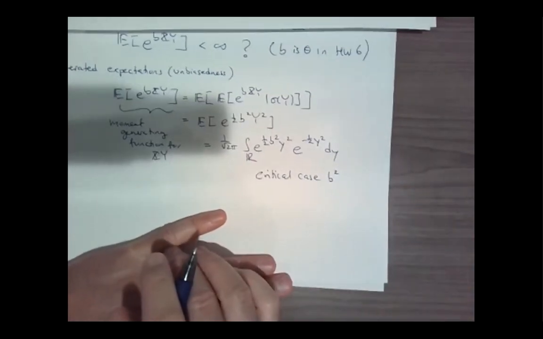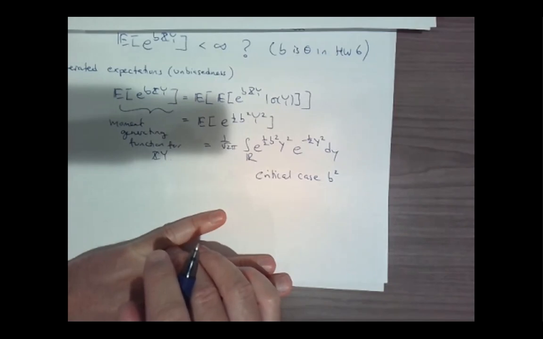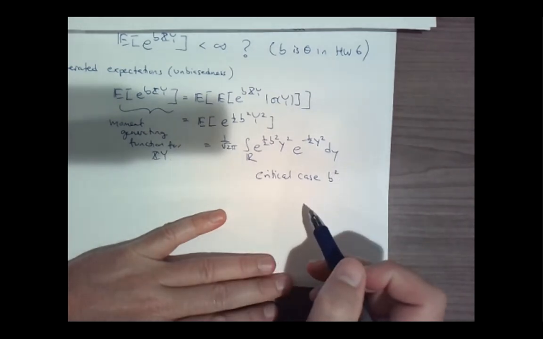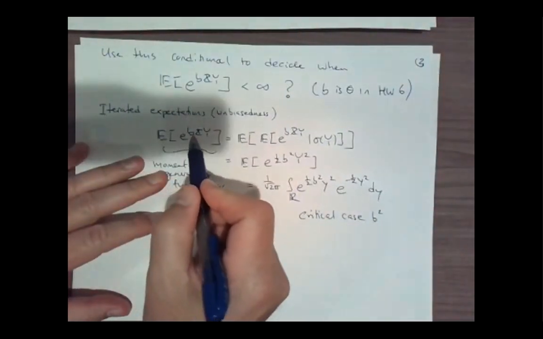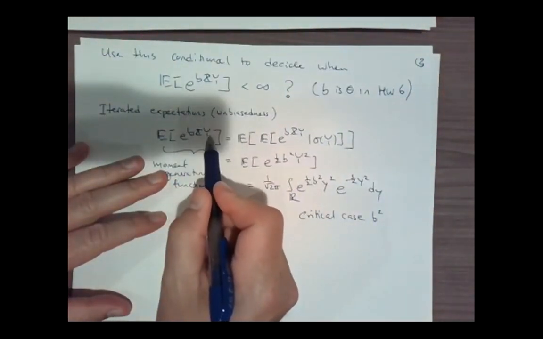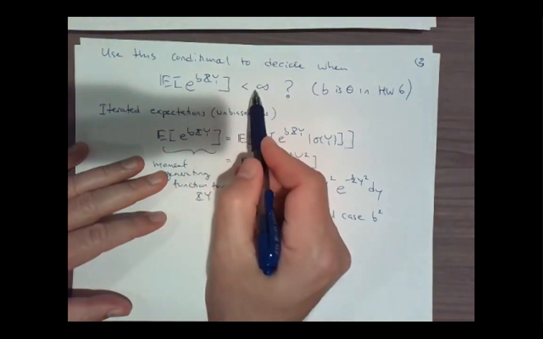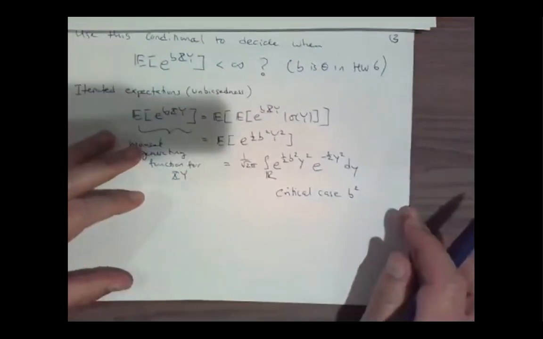What is the critical case for b squared? 0? Well, if b is 0, then you get an exponential of 0, that's 1. So that's going to be finite, and that's not the critical case.